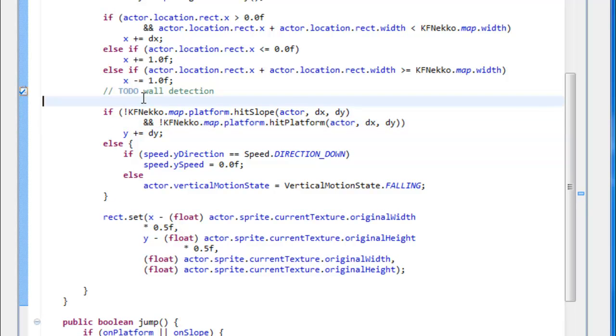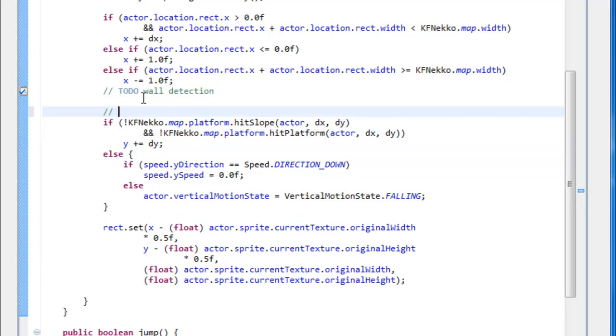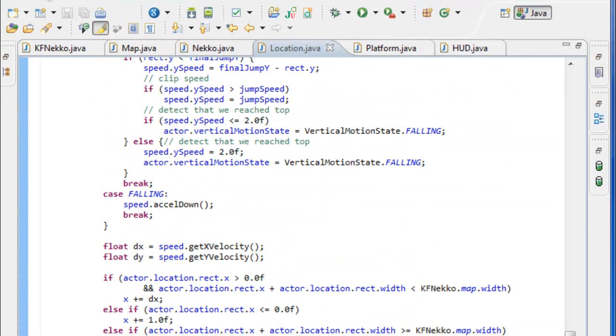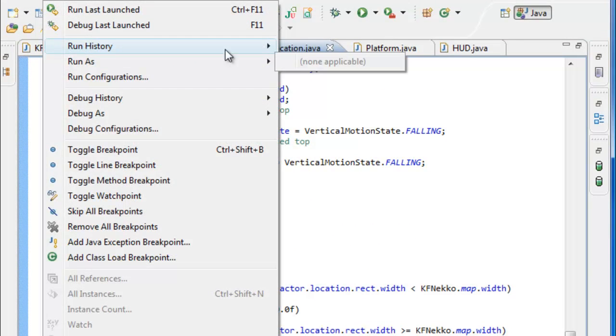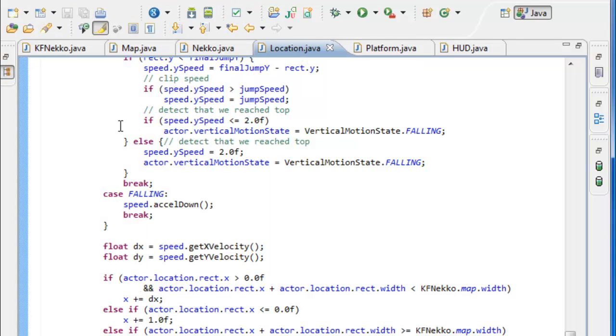This is very important. We need to detect slope first, and I'll tell you why soon enough. But so let's actually test this out, see what we have. Right? So run history. Whoa. Okay.